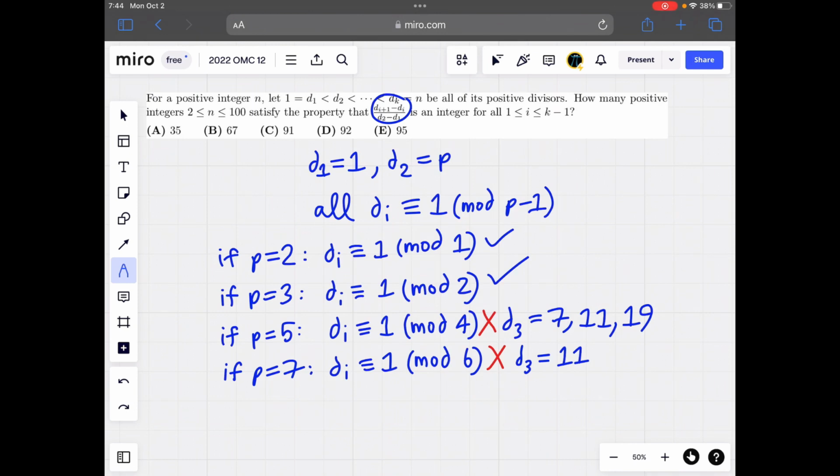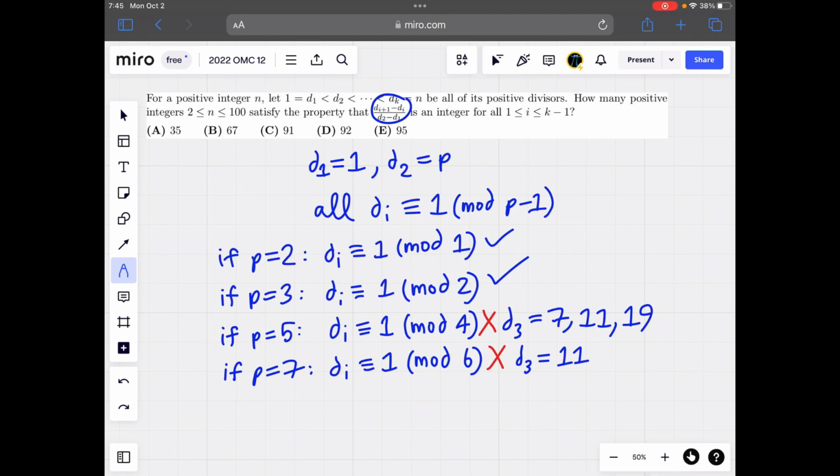So 11 is the only value of d_3 for which n is less than or equal to 100. But still, d_3 is not congruent to 1 mod 6, and so the condition is not satisfied. (11 - 7) over (7 - 1) is not an integer for n equals 77.